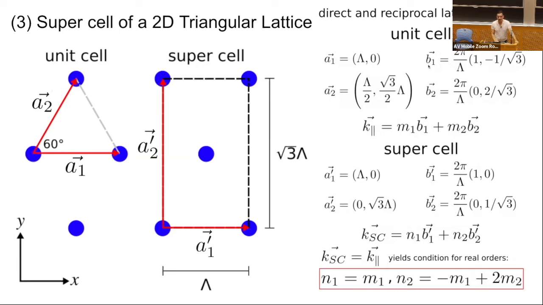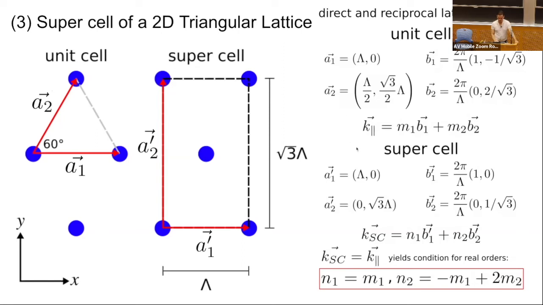You can generate a set of reciprocal lattice vectors. There's a formula to do so. The reciprocal lattice of a triangular lattice is also a triangular lattice. And you can define any in-plane wave vector as some linear combination of B1 and B2, your reciprocal lattice vectors, in the representation of the unit cell.